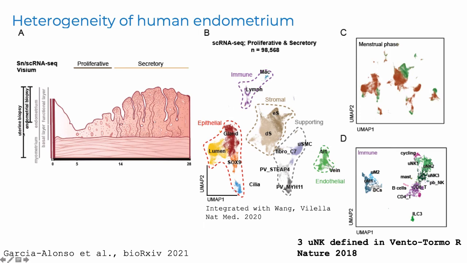So people who die from non-gynecological disorders. And then we profiled 10 individuals together with other individuals that were published recently in a Nature Medicine paper. And then we integrated all the data sets and defined the main populations.